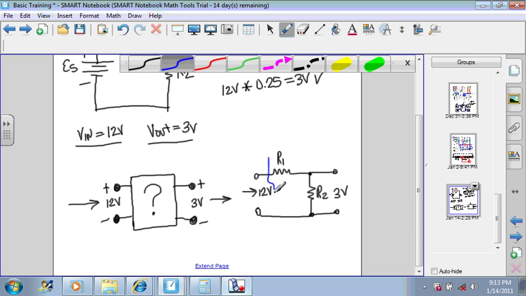If we put this inside of a box, then that becomes our solution, where if we put in 12 volts into these 2 points, then we will receive the 3 volts that we need to continue on with the next step.